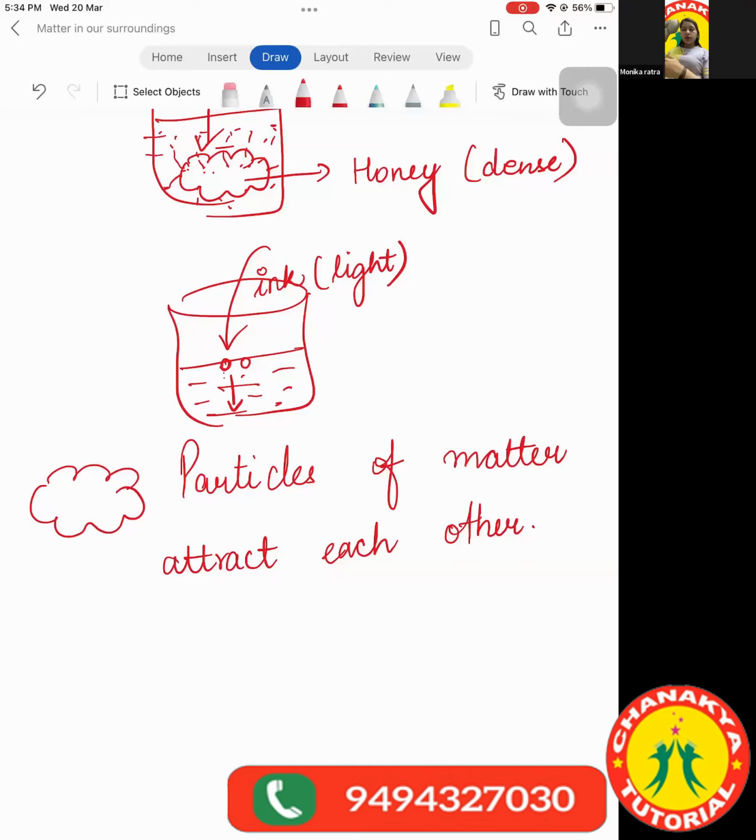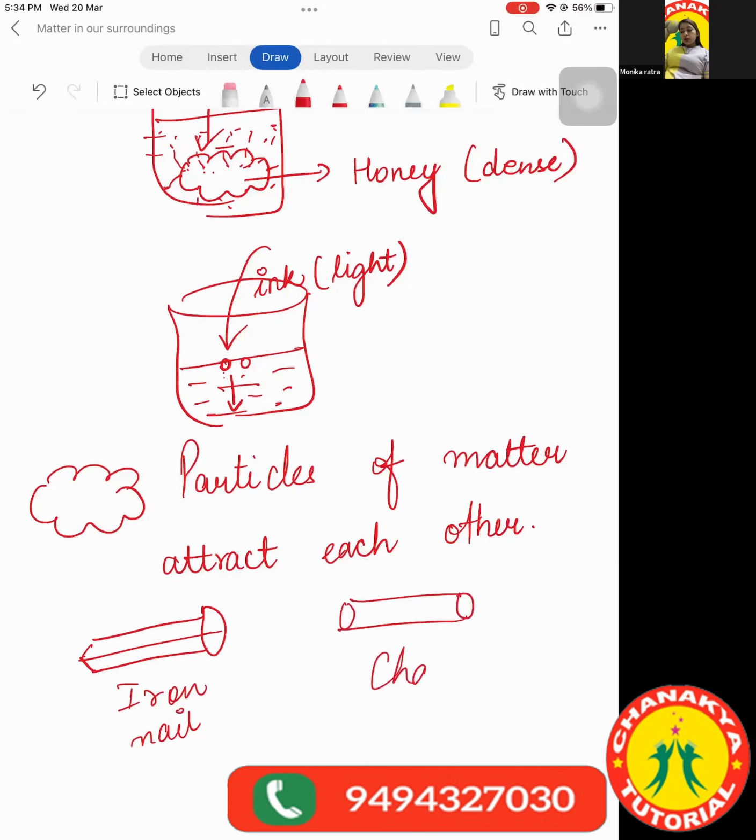Okay, one more before we see the video, I will explain what you are going to see. If we take the iron nail, I hope everyone is aware what an iron nail means, and if we take a chalk piece and I try to hammer both of them, which would you be able to break easily?